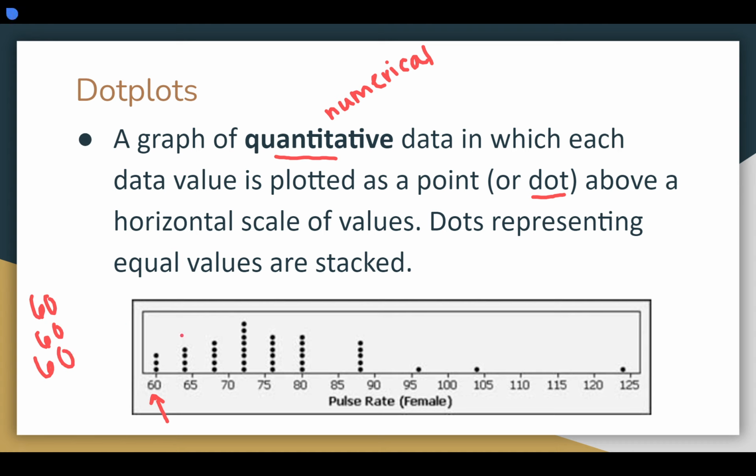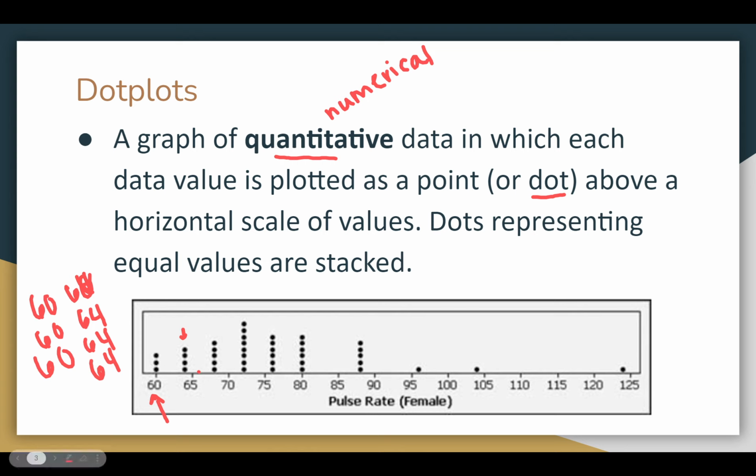Right here, say this is 64, and there's 1, 2, 3, 4. So the frequency for 64 would be 4.